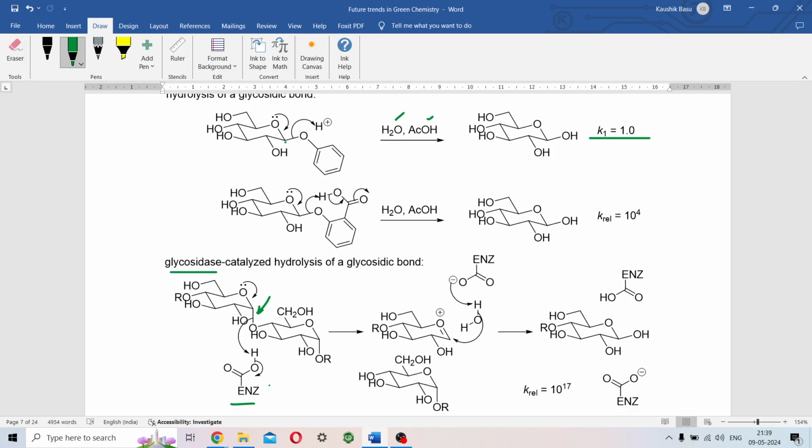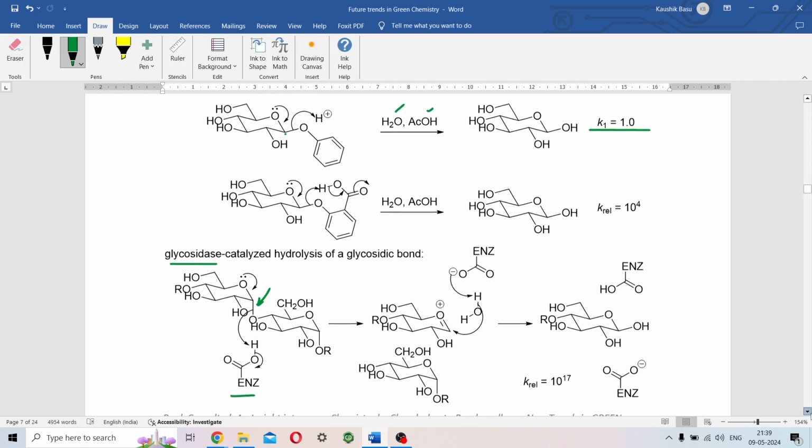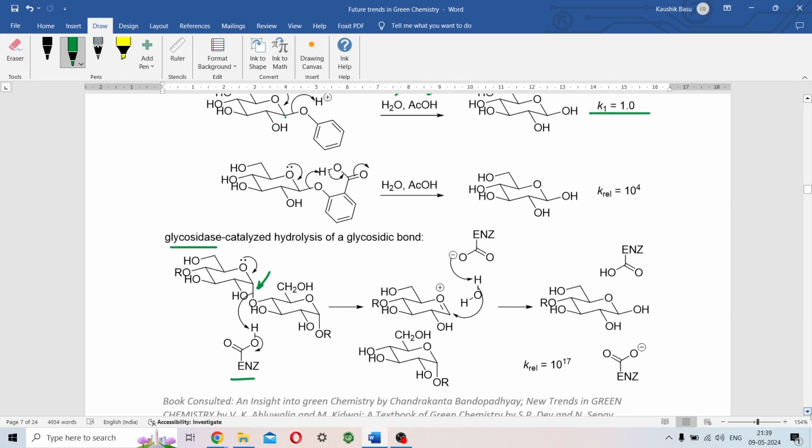There are basic residues which can abstract a proton, there are acidic residues which can donate a proton, and they are arranged in such a beautiful manner that they catalyze the reaction very efficiently. The rate of the reaction is 10 to the power 17. So here you have a rate of 1.0 and this is a 10 to the power 17 rate. So as far as the efficiency of nature is concerned, you are nowhere near, but you can take inspiration from it.